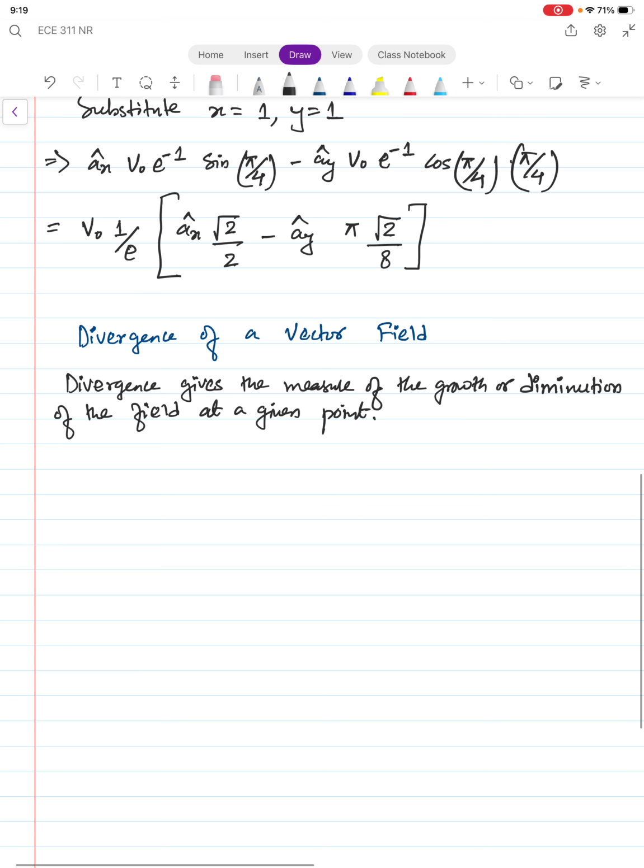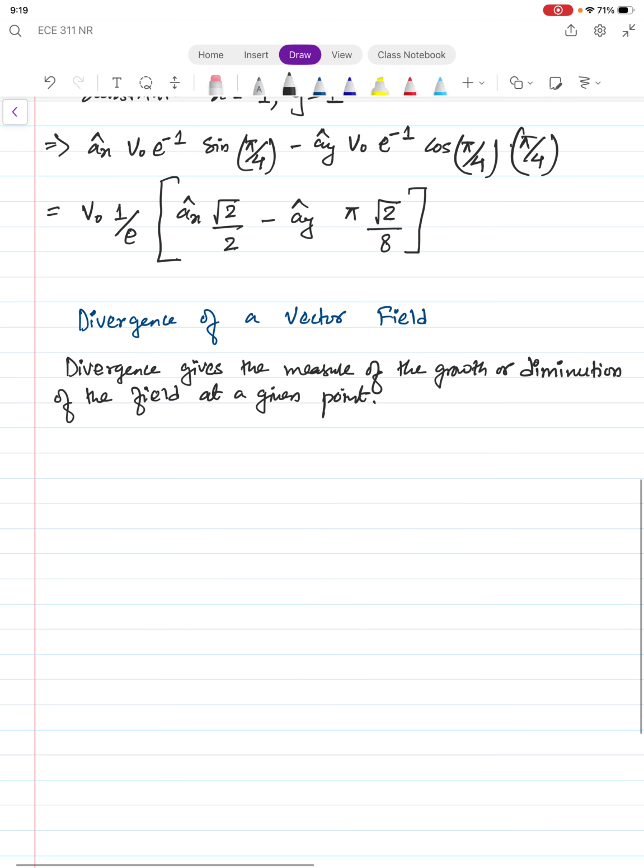To give you an example, if you consider a pipe, let's say you have a pipe over here and water is flowing out of the pipe, at the opening of the pipe the net divergence is positive.